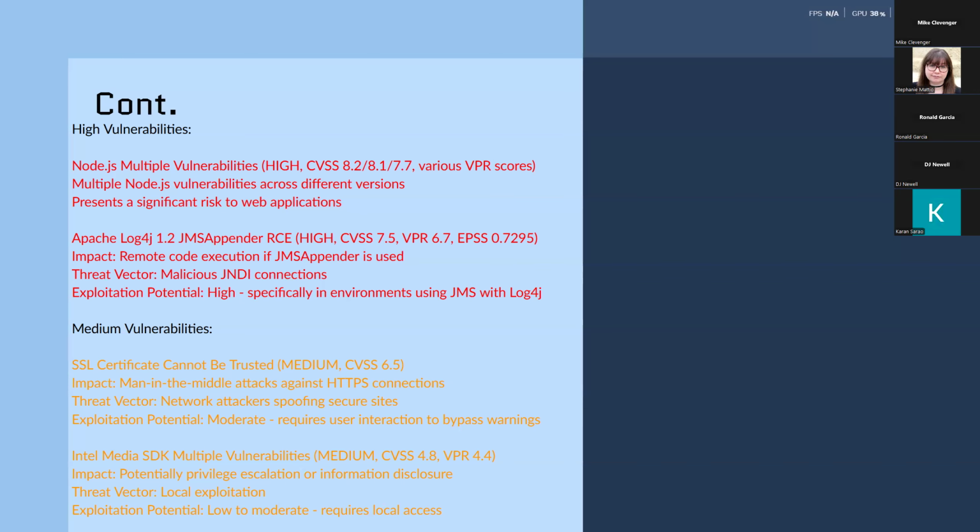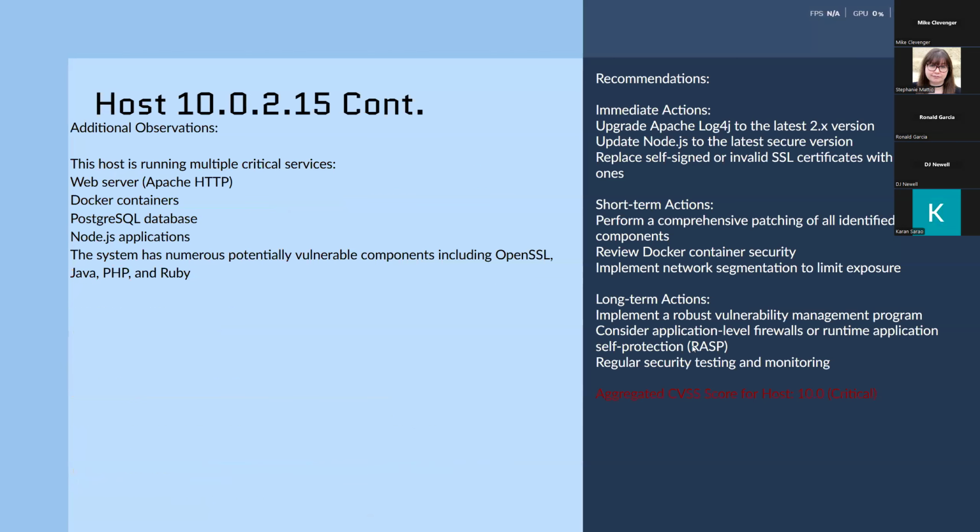And then we got the Intel Media SDK with multiple vulnerabilities. Score is 4.8. The impact is potential privilege escalation or information disclosure. The threat vector would have to be local exploitation, so the exploitation potential is low to moderate due to the fact that it requires local access.